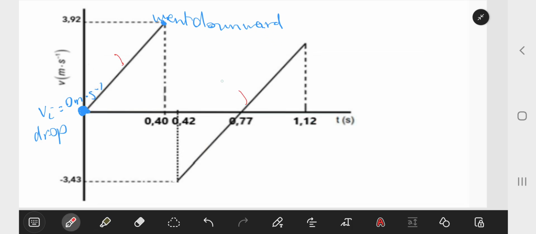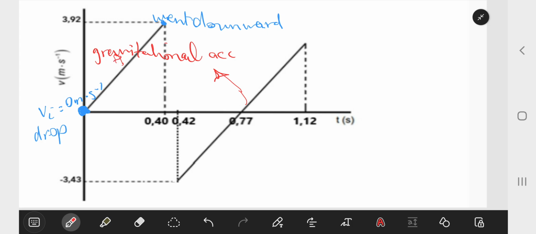The slope of these lines is the same, they go up in the same direction, because the slope of this line and that line is your gravitational acceleration. That is your gravitational acceleration.